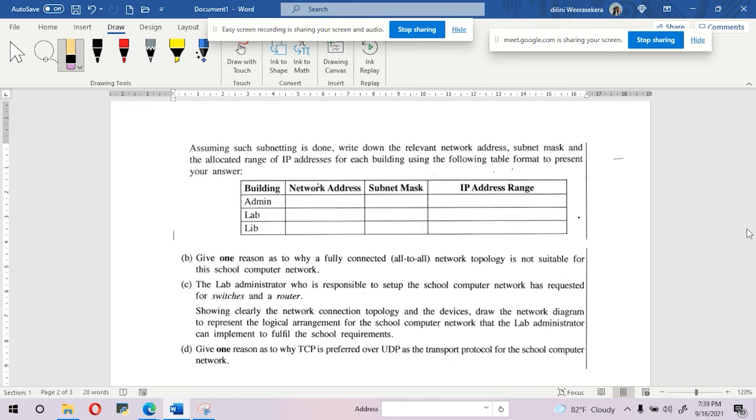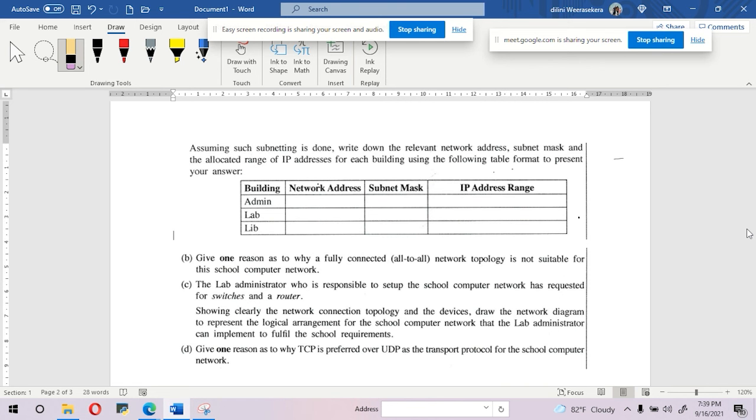That network topology is not suitable for a school like this. Why is it not suitable? What do you think? One thing is, in the network requirements they have not mentioned all to all.